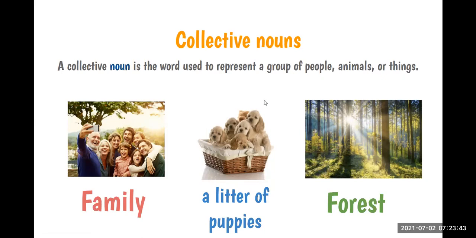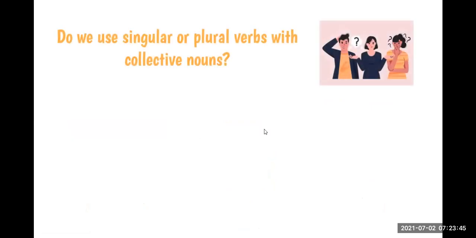So let's go to the next part. Do we use singular or plural verbs with collective nouns? What do you think? I want you to check your examples here in the book, exercise number 5. Is there any collective noun here? Number 4. Group of people. Yes, this is a collective noun, right? So what do you think, guys?